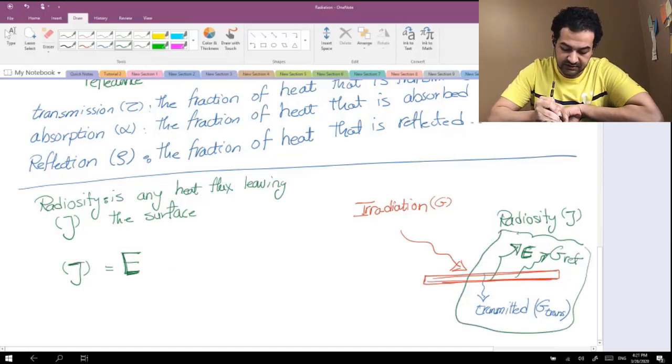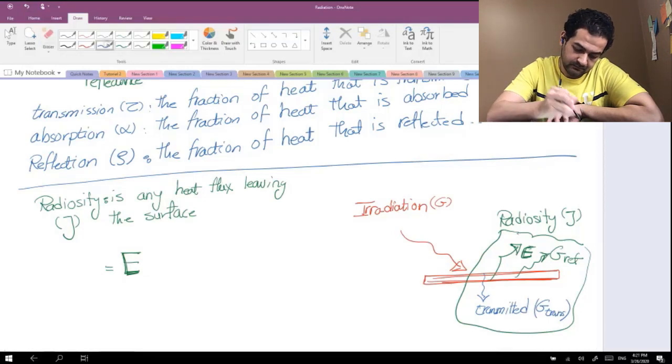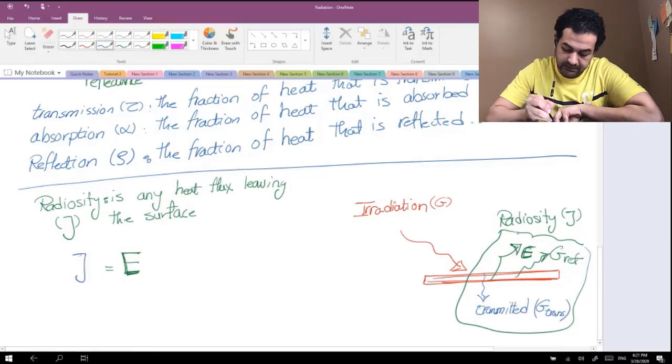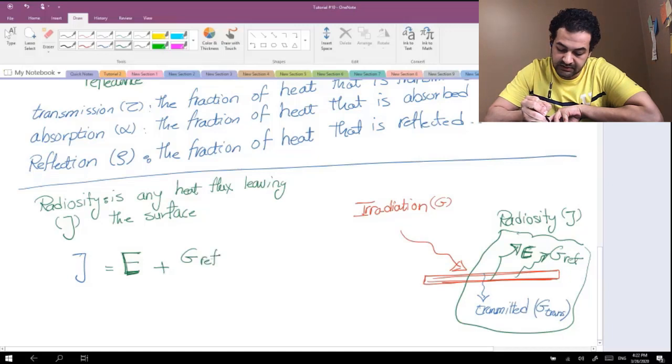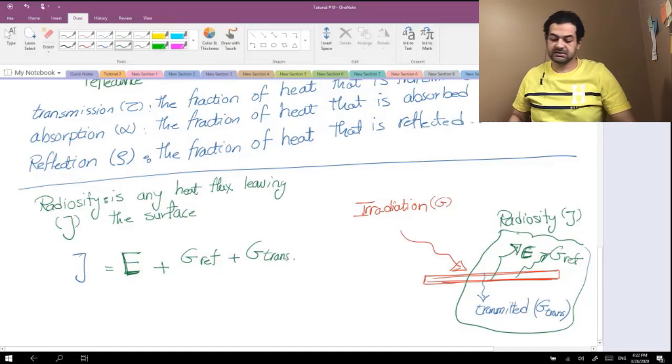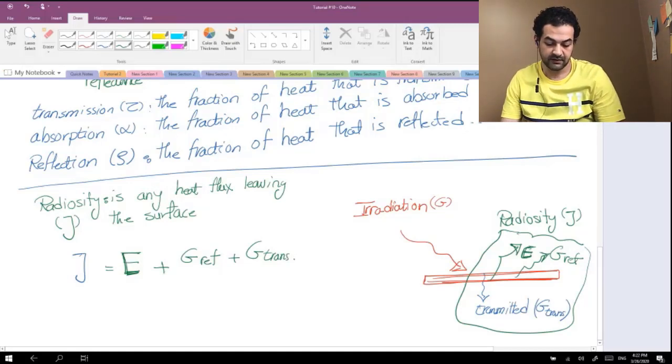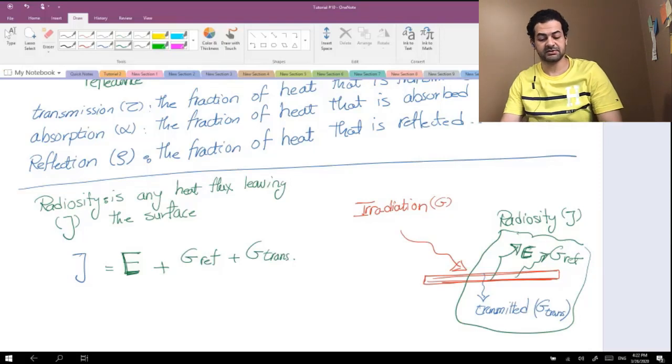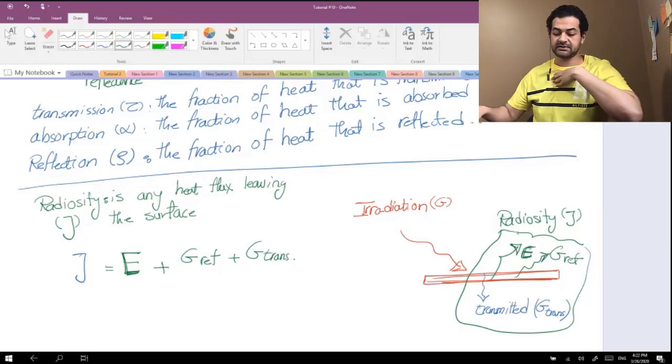So J is the emissivity or emittance plus G reflected plus G transmitted. All right, so this is the general equation of radiosity, which is the summation of heat flux leaving any kind of surface.